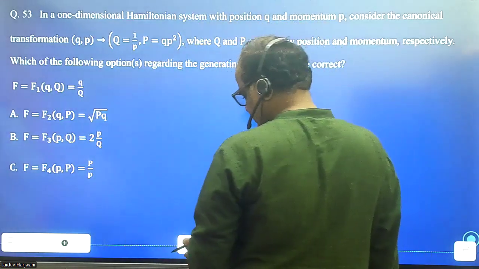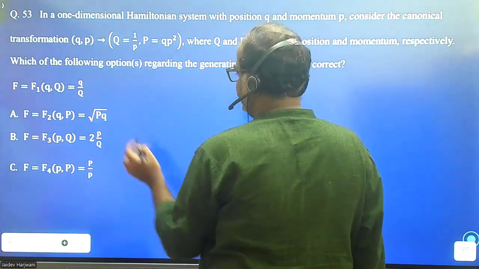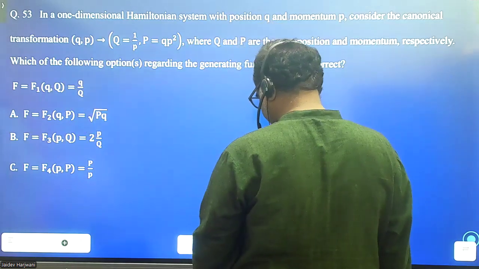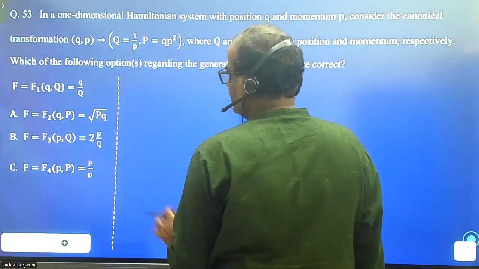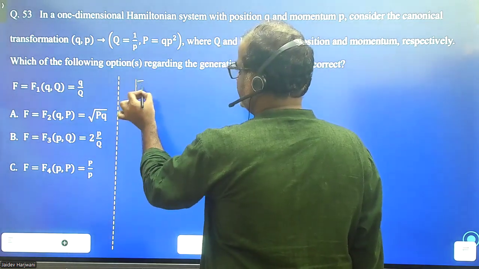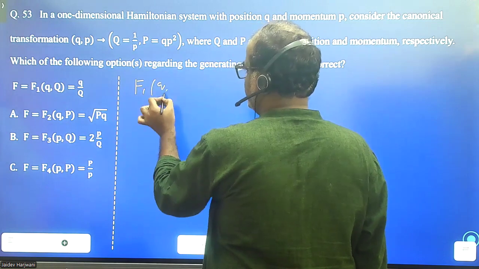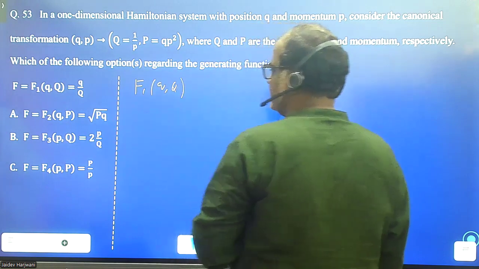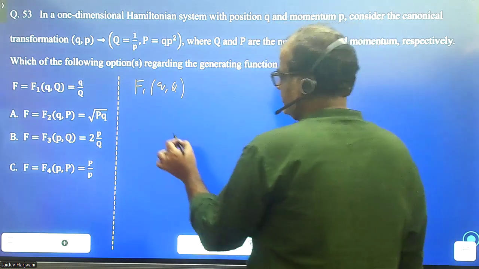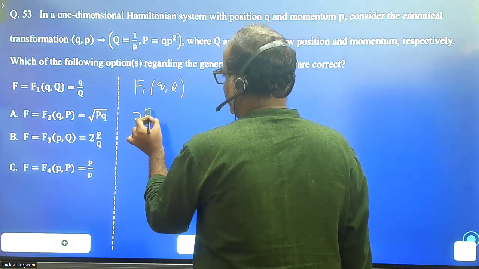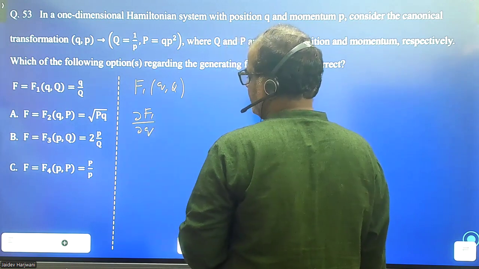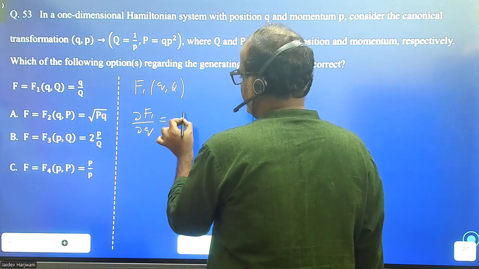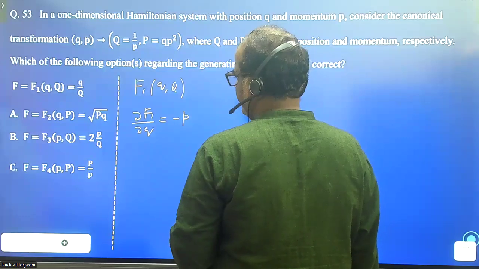So first is F1. Let us check for F1. F1 is a function of q and Q. And we know that the derivative of F1 with respect to small q is equal to minus small p.